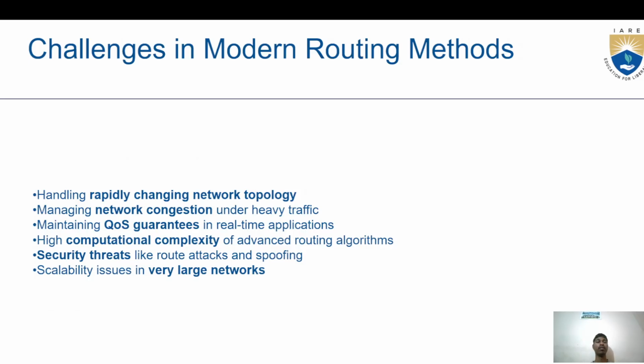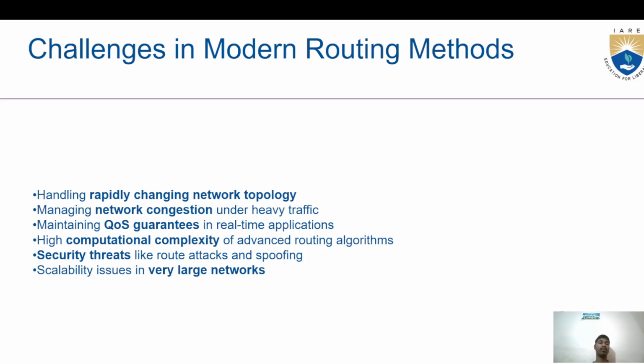Challenges in modern routing. We have a lot of challenges in modern routing methods. For example, when we scale a small system into a very large-scale system, it is very costly. It takes a lot of money, and not only that, we need a lot of software engineers to scale such systems, and a lot of cost needs to be put into it.